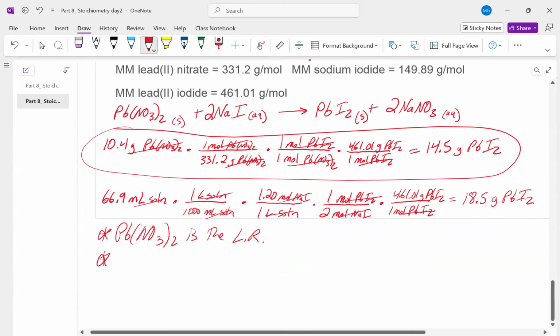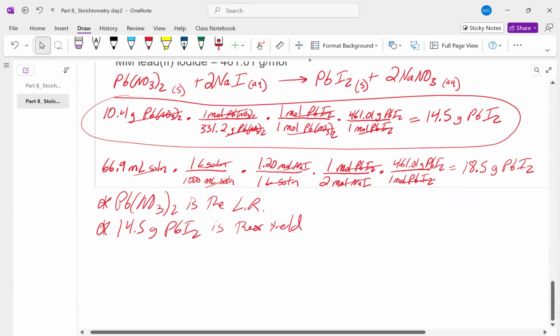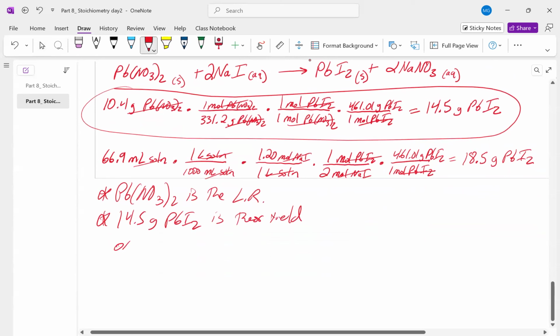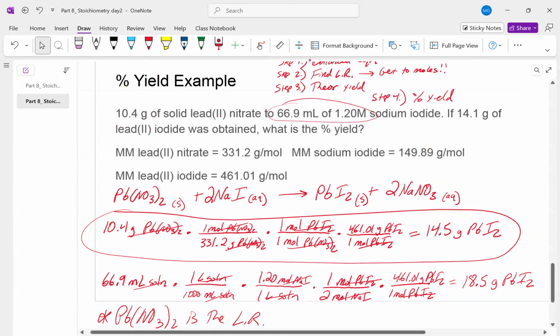And 14.5 grams of lead iodide, our product, is the theoretical yield. Now we have everything we need in order to calculate percent yield. Because percent yield is the actual yield, so this is what was weighed out in lab at the end of the day, divided by the theoretical yield, which we just calculated. We'll multiply it by 100. So the problem says that we got 14.1 grams of lead iodide.